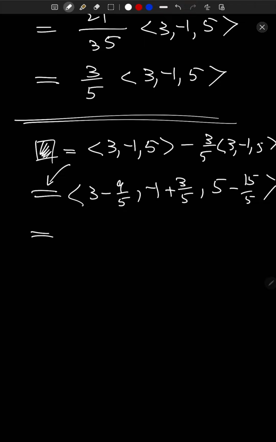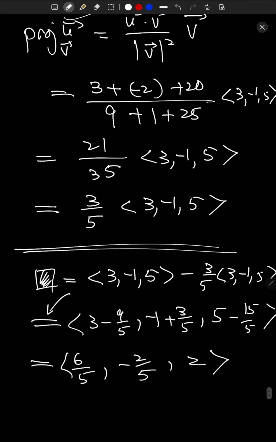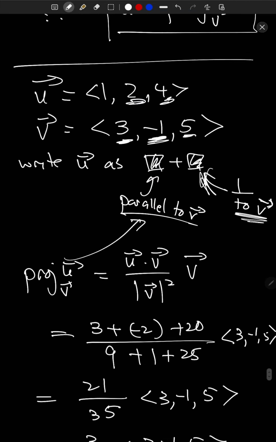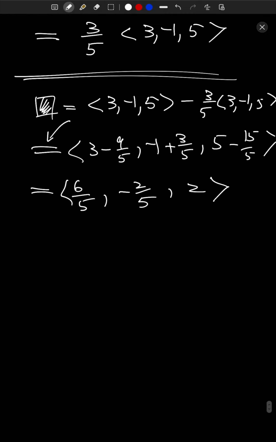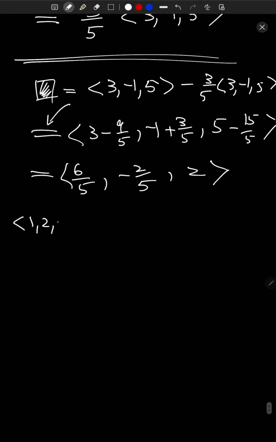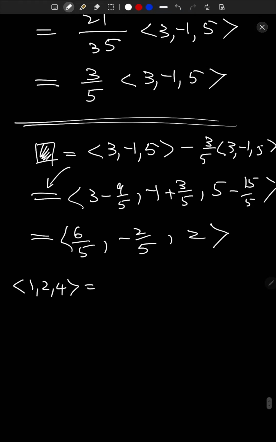So that's going to be 6/5, comma, minus 2/5, comma, 2. All right, so ultimately we know that the vector u, 1, 2, 4, is equal to 3/5 of (3, minus 1, 5).